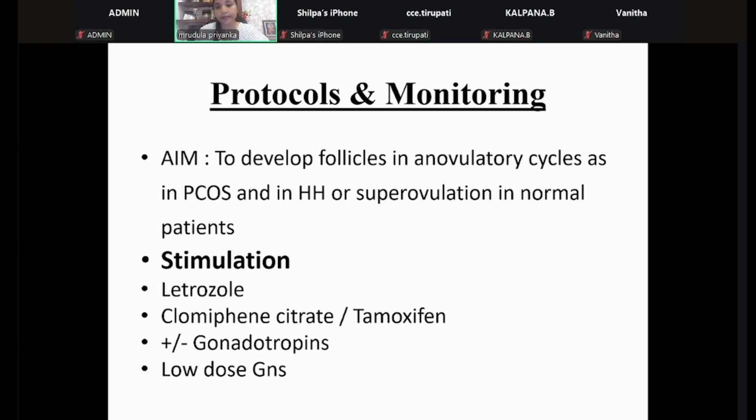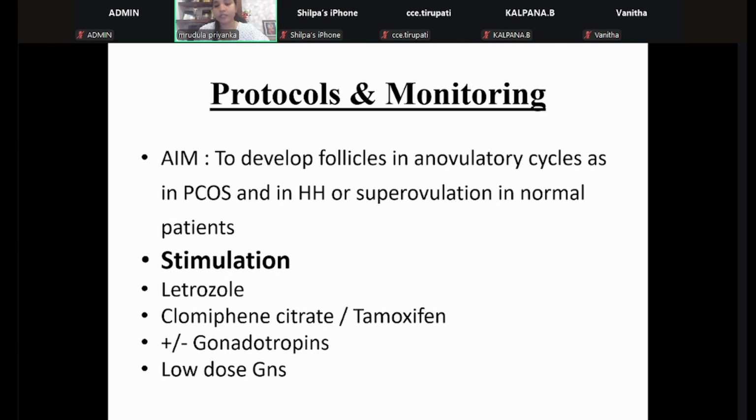In anovulatory women, like in PCO, where they are not ovulating, our aim is to develop at least a single dominant follicle by ovarian stimulation. In hypogonadotropic hypogonadism also, as there is a disturbance in the HPO axis, they do not ovulate on their own. So they need hormonal support or exogenous hormones for the follicle to develop and for ovulation.